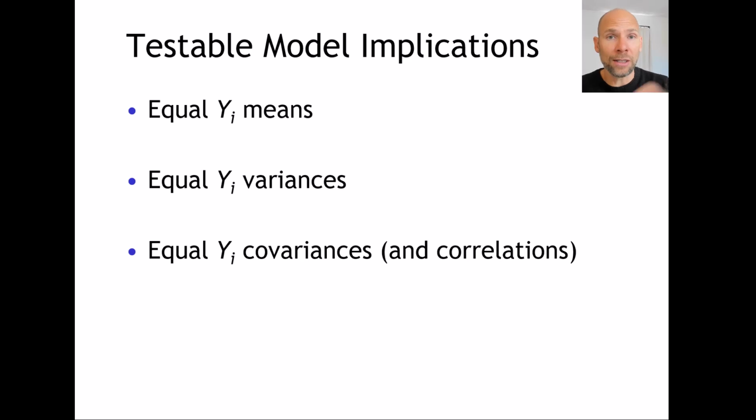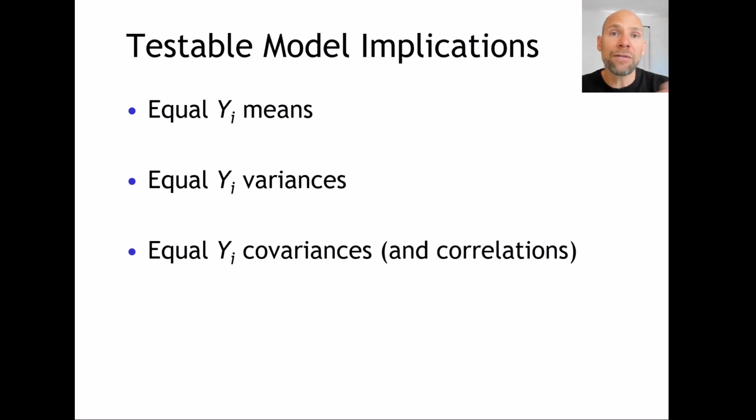So those are all testable restrictions. So with 2 variables, we're assuming equal means. That's where 1 degree of freedom comes from. Also with 2 variables, we're assuming that the 2 variances are equal, which leads to another degree of freedom. Now with 2 variables, there's only 1 covariance, and therefore the last testable implication does not apply to the design with 2 variables.